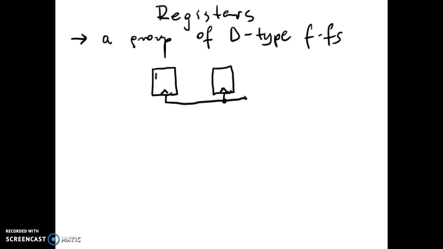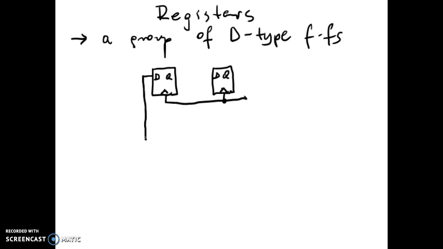Then, as you know, in the case of a D flip-flop, you've got D and Q. I will omit the not-Q output, because I'd like to have the same information, not the inverted one. But of course, you must be aware that in each of the flip-flops there is another output which is inverted.